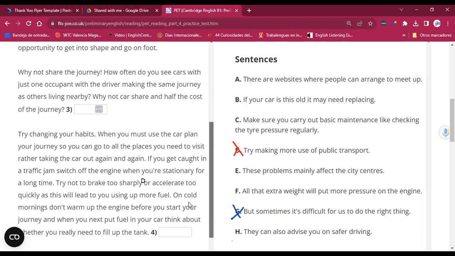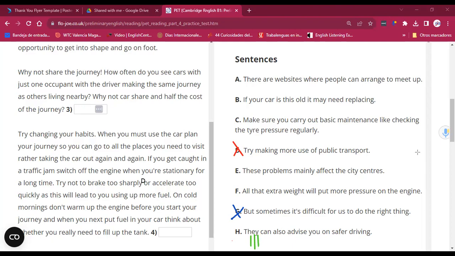Okay, Ariana, which sentence do you think it is? Letter H. Okay. Mr. Eric? Letter H.